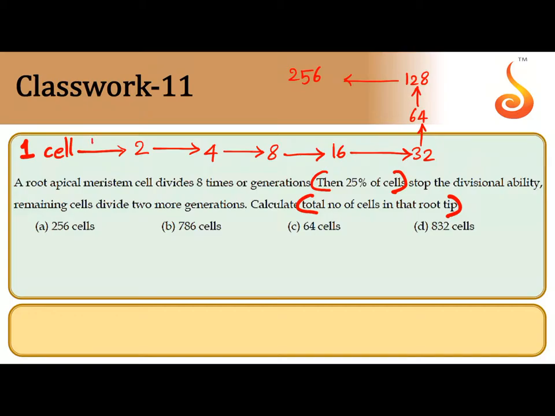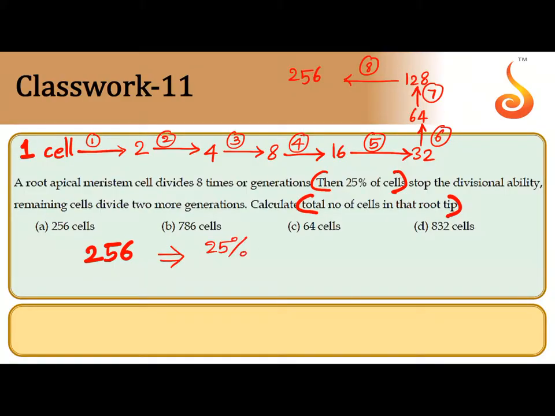This is one generation, second, third, fourth, fifth, sixth, seventh, eighth generation. So we have now 256 cells.